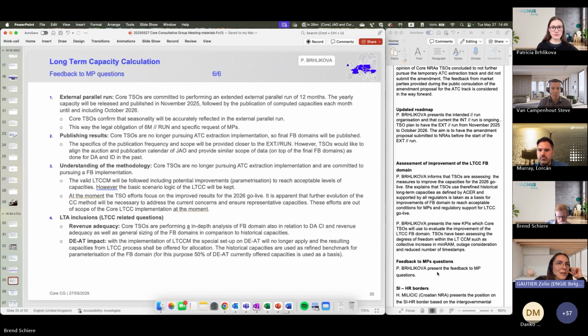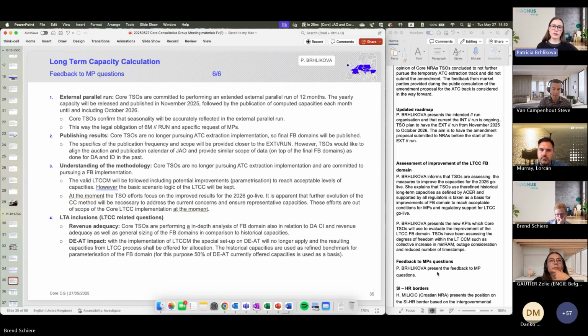And then maybe the other points, perhaps could you go forward? Indeed. So I think for the external parallel run, there is also the aspect of publication and how the results will be published. As we are no longer pursuing the ATC extraction implementation, the final flow-based domains would be published.